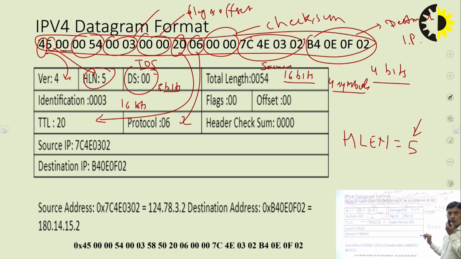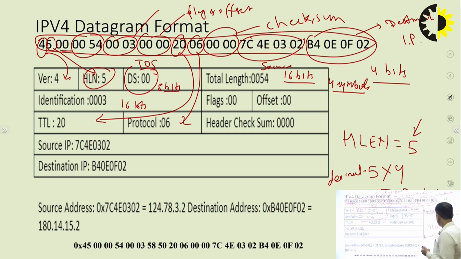First we have to convert into decimal. So this 5 gives 5 in decimal also. Decimal 5 is multiplied by the scaling factor 4, and this gives 20. So 20 bytes is the header size for this packet.